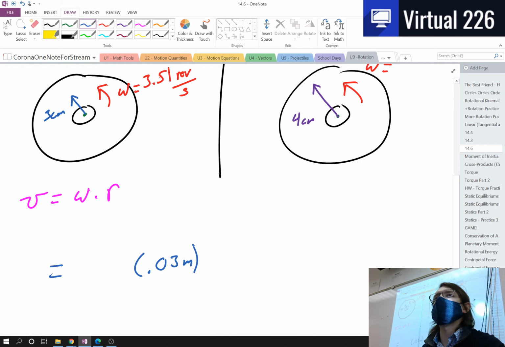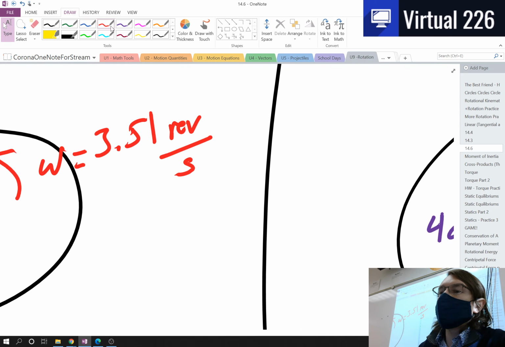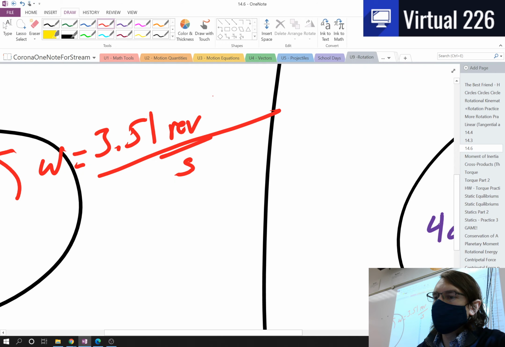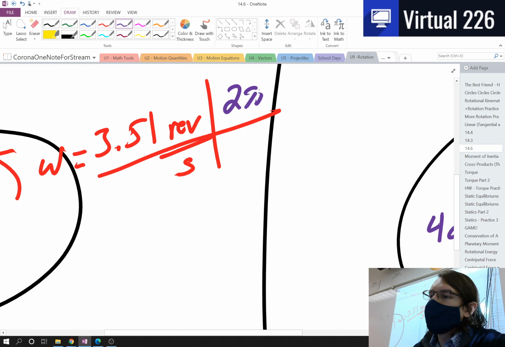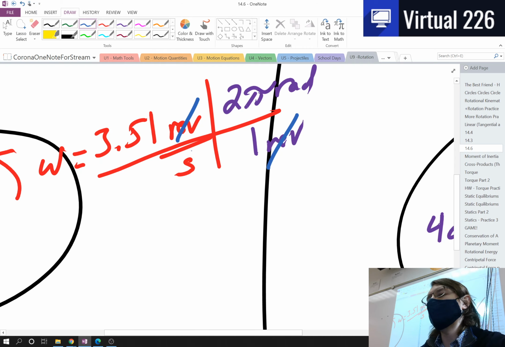We simply divide 3 by 100 to get that into meters. Now, the 3.51 revolutions per second, we need to do a little bit of a train track on it. We already have per seconds, but to get rid of the revolutions, we multiply by 2 pi radian per 1 revolution. This dumps the revolutions, and now we have radians per second.